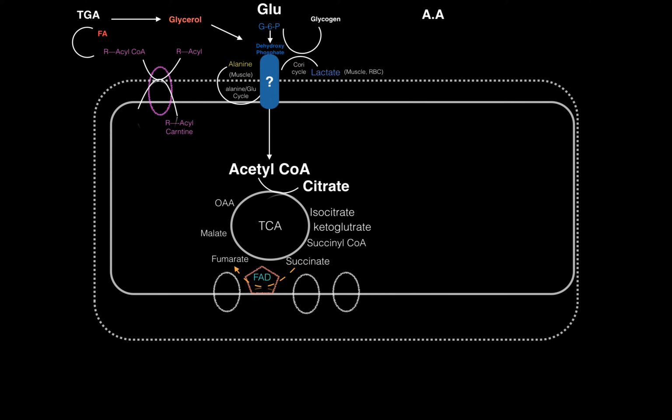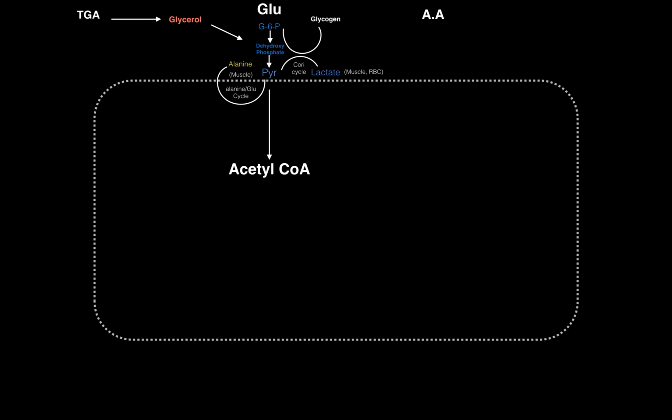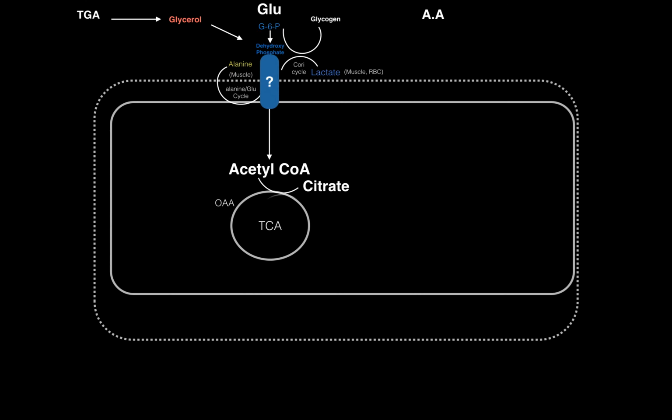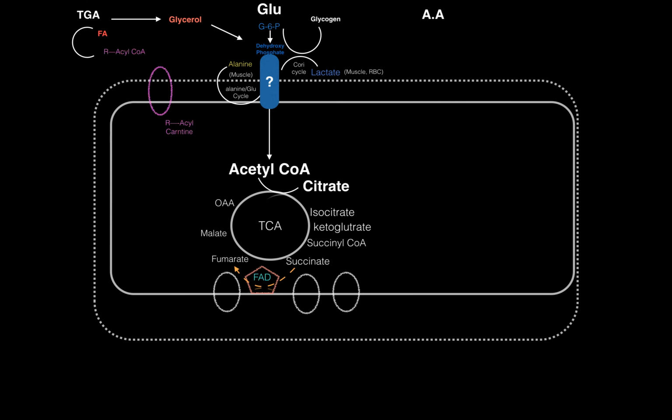And then inside the mitochondrial matrix, the acyl carnitine will be converted to acyl-CoA again. Then when we get acyl-CoA, it will enter beta oxidation, fatty acid beta oxidation.